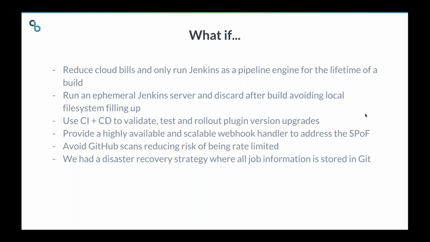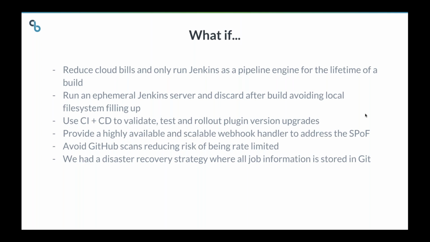What happens if Jenkins was based on a highly available cloud-native webhook handler, so there was no single point of failure, so you never miss a webhook, so your team is always as quick and as productive as you can possibly be? What happens if Jenkins was completely scalable linearly, so that you're never blocked on how many builds are in your build queue, that if ever you need a build, providing you have enough capacity in your quota on your cloud, you can just do a build in parallel?